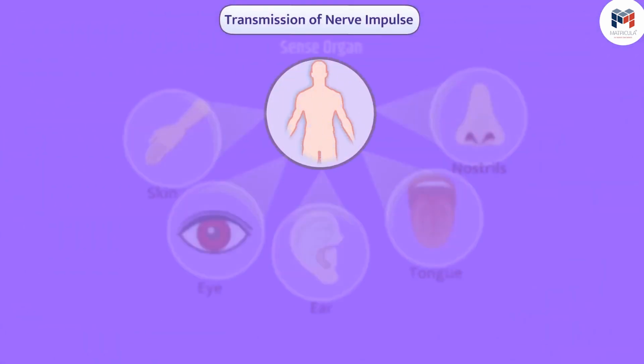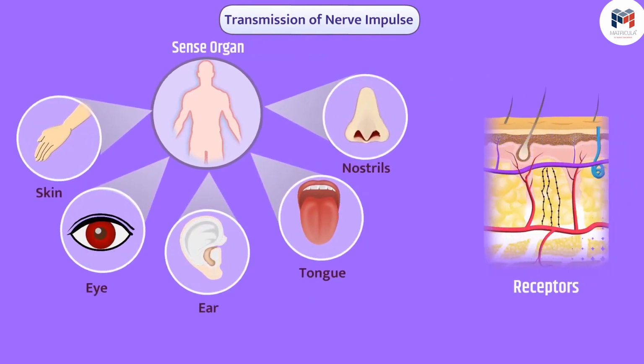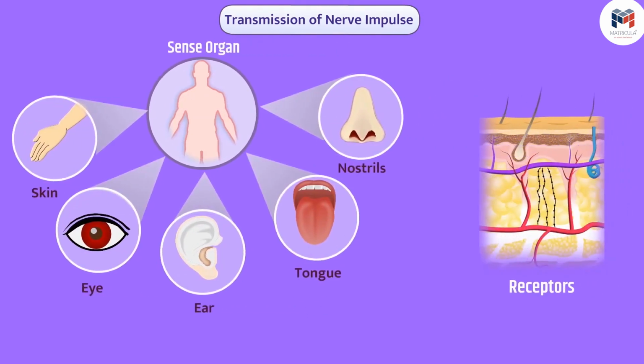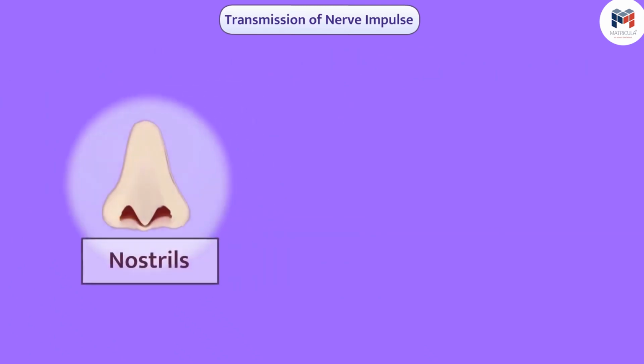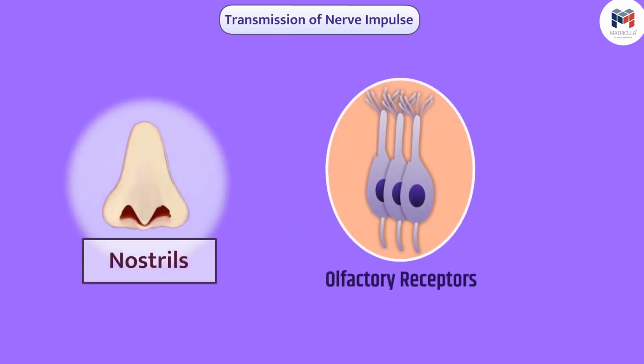The sense organs in our body consist of receptors. Dendrites of neurons are present in the receptors. The dendritic tip identifies the information in the environment. For example, the olfactory receptors present in our nostrils detect smell.